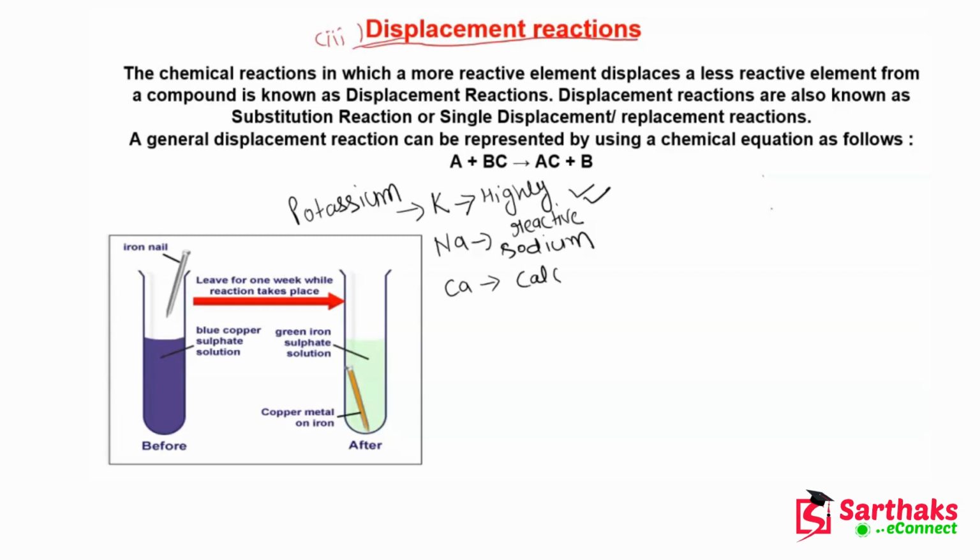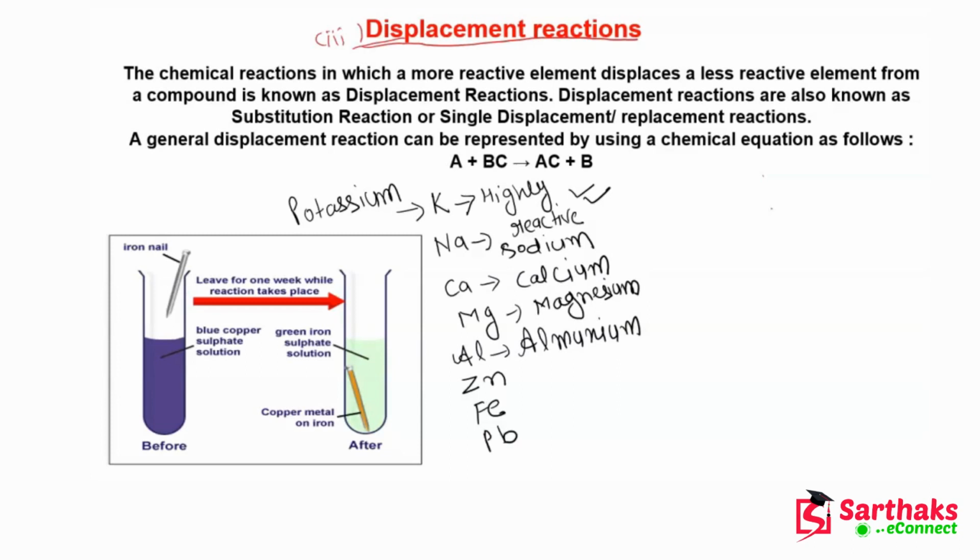So this is calcium. Then magnesium. This is aluminium. And then zinc. Then Fe, that means iron. Then Pb, that means lead.